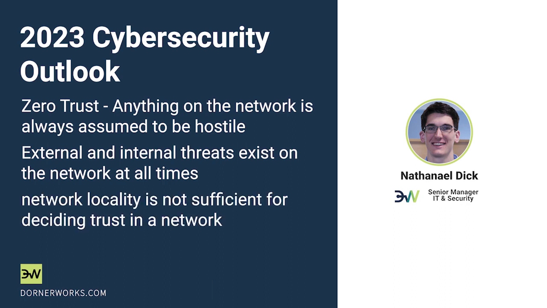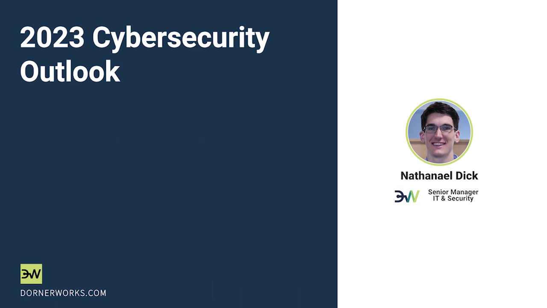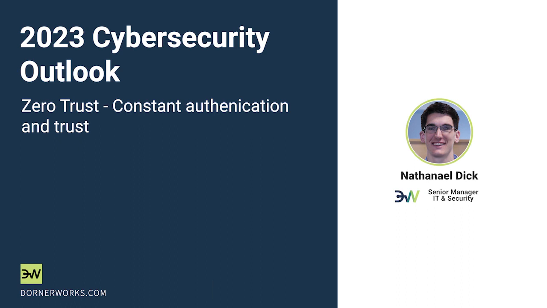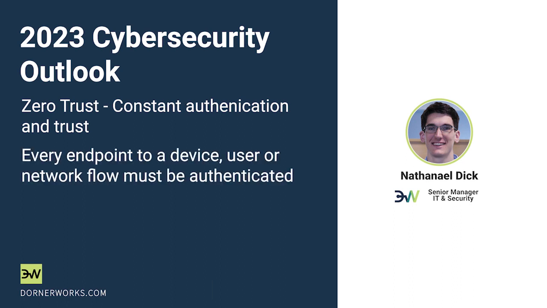Another one is network locality is not sufficient for deciding trust in a network. So even if you're in your company's location, that trust is not going to be verified until you actually authenticate. So it's this constant authentication and trust. Another aspect of a zero trust network is that every endpoint, so a device, a user, a network flow, has to be authenticated and authorized.